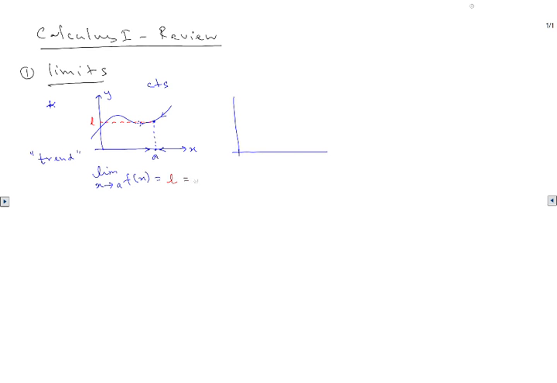You simply evaluate the function at a. You can do that if the function is continuous, no problem.